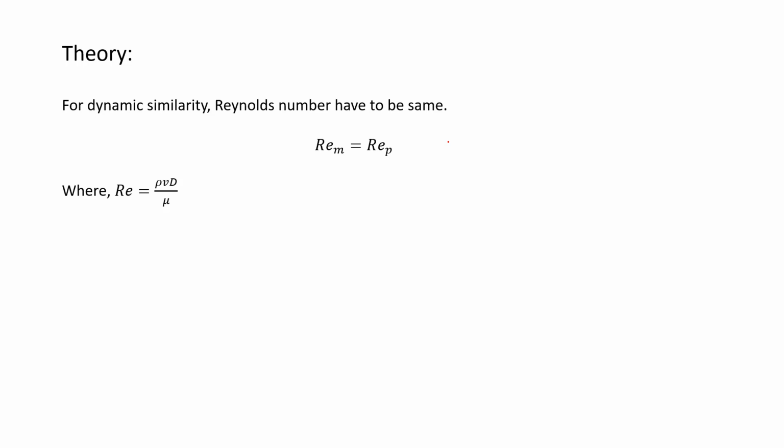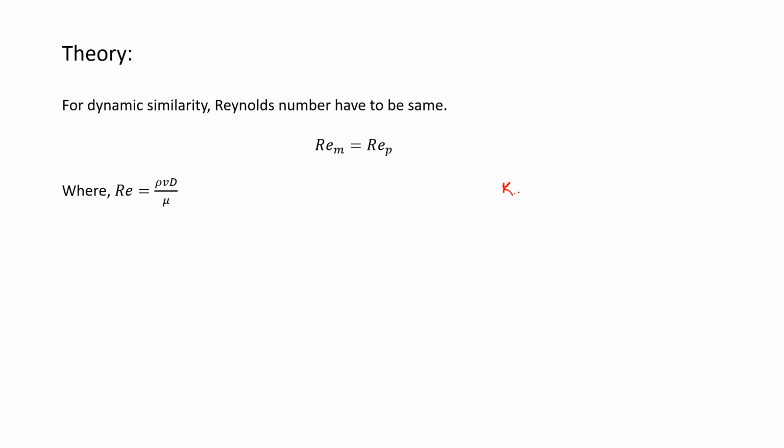Doing experiments on the whole wing of that plane is difficult. So what you do is you make a prototype which has similar dynamic conditions as your model. So let's say the ratio of width to length is the same.